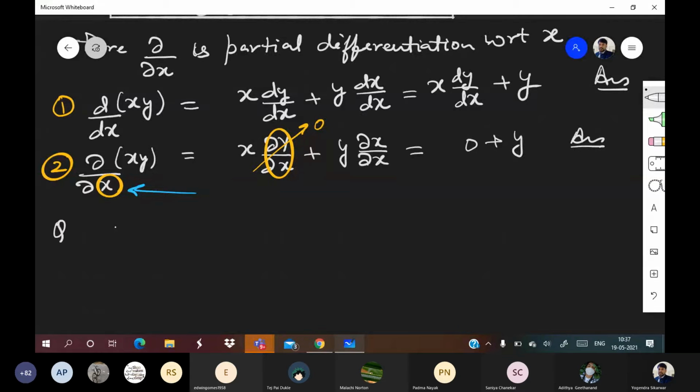If v is equal to x square plus y square, find E vector. That is the question. Please solve.